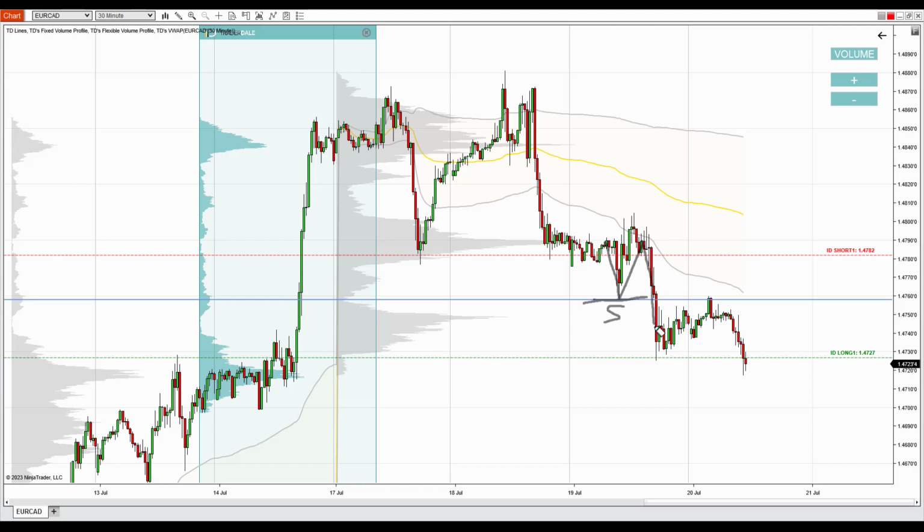Then the price blew past that support, turning the support into newly formed resistance, right? And that's why it was best to quit the trade in here, because it was a newly formed resistance.